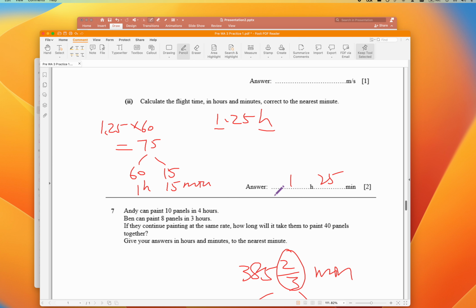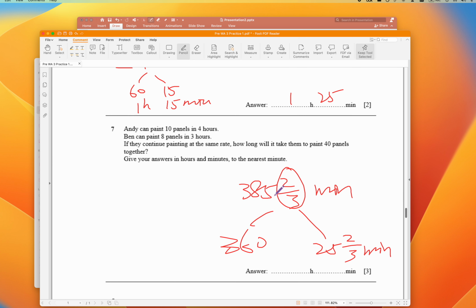Very good. So this is 6 hours, right? No argument. This one, round up or round down? Up. Correct. So therefore, you get 26 minutes. You cannot say 25, okay? You know why you cannot say 25? Because round up.